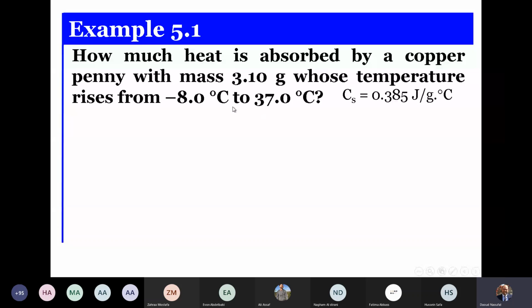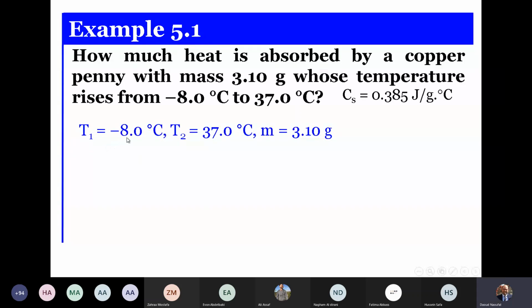To increase the temperature of any substance, we have to give energy, or give heat, to the substance. For this reason, the heat is absorbed, and since the heat is absorbed, the value of Q should be positive.